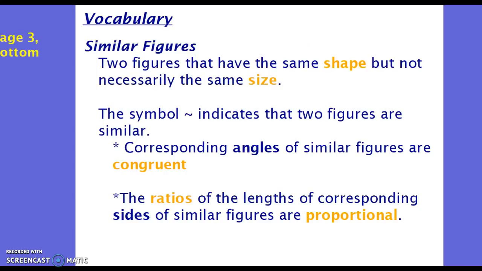So if you would, go ahead and take a minute in your blue packet, or your yellow packet, whichever color packet you have there, and take some notes for the vocabulary part. So again, two figures that have the same shape, but not necessarily the same size, are similar figures.